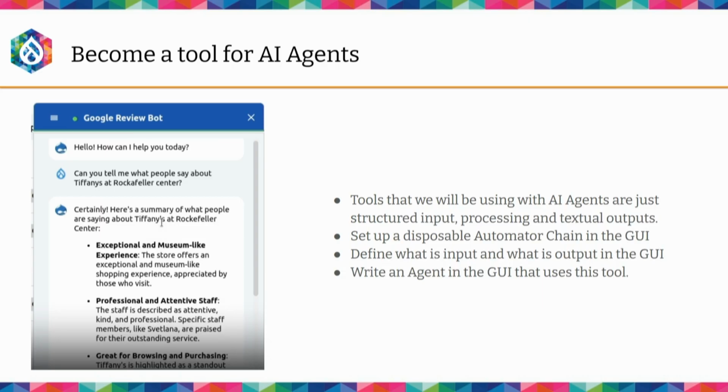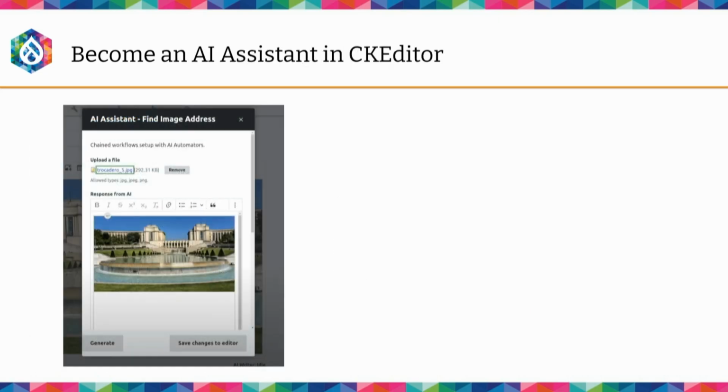So in the assistant you talk to this agent and ask, can you tell me what people say about Tiffany's at Rockefeller Center? This then uses this tool with the input parameter Tiffany's at Rockefeller Center. The automator processes everything and gives back, here's a summary of the reviews, and then the chatbot responds with this. So that's one way of reusing it.